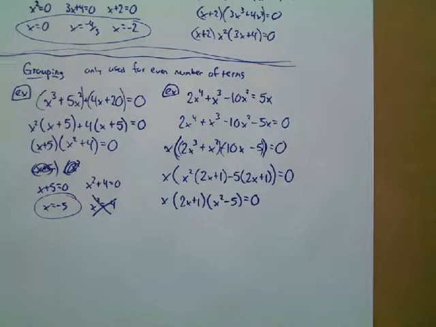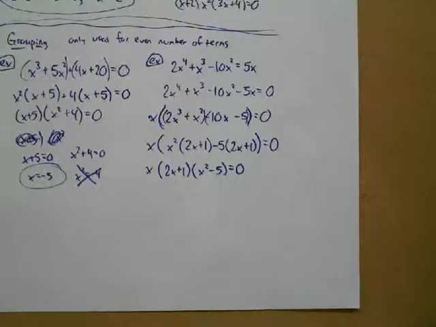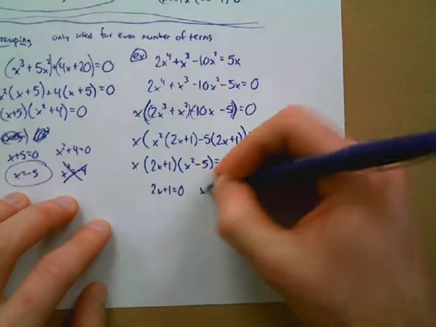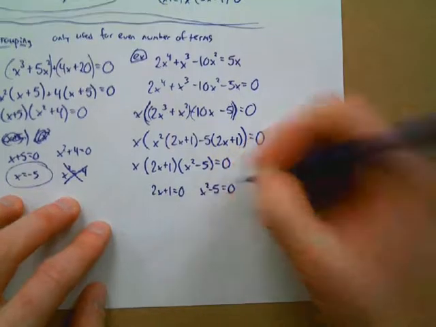So 2x plus 1 equals 0, x squared minus 5 equals 0, and so we get x equals negative 1/2. And we have to add the 5 over here and then square root both sides. x equals plus or minus the square root of 5.